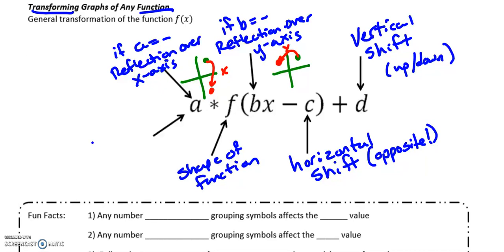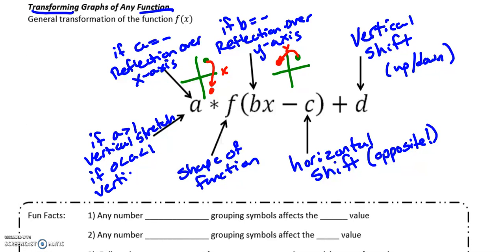And lastly, if a is greater than 1, we'll have a vertical stretch. In other words, my graph is going to grow in its height. And if 0 is less than a is less than 1, in other words, if a is between 0 and 1, some sort of fraction in there, we're going to have a vertical shrink. In other words, it's going to get shorter and usually a little bit fatter.